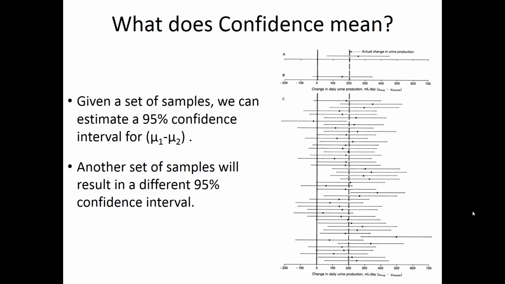Therefore, given a set of samples, we can estimate a 95% confidence interval for the difference in the population means. Another set of samples results in a different 95% confidence interval. Shown on the graph on the right are a number of different 95% confidence intervals from different samplings of the two populations.